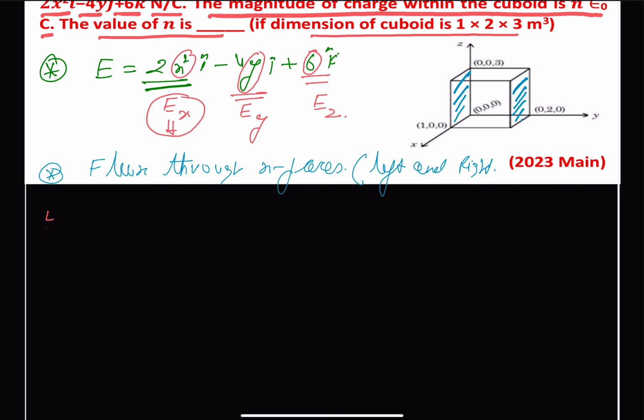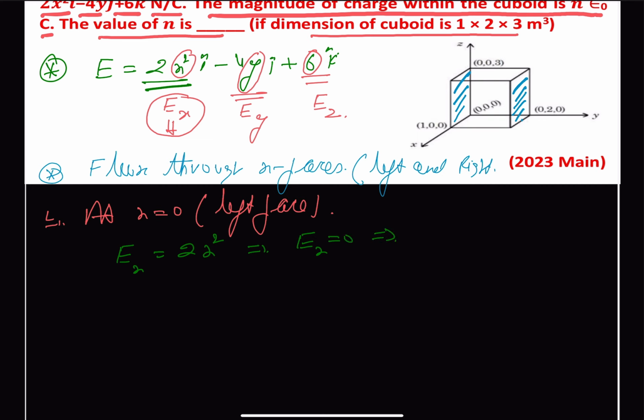So at x equals 0, we can write that our electric field E of x will be equal to 2x square, and substituting the value of x as 0 gives us E of x equal to 0. Which means that the flux associated with this face will be equal to 0.